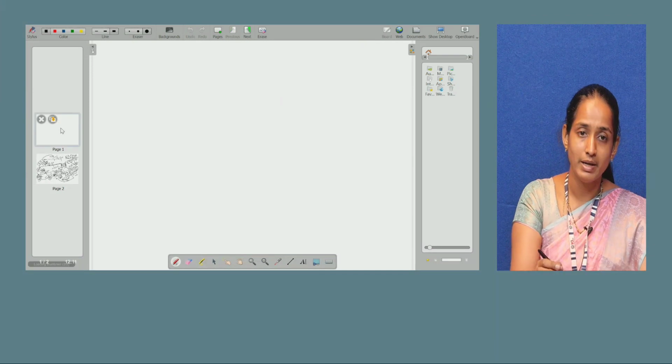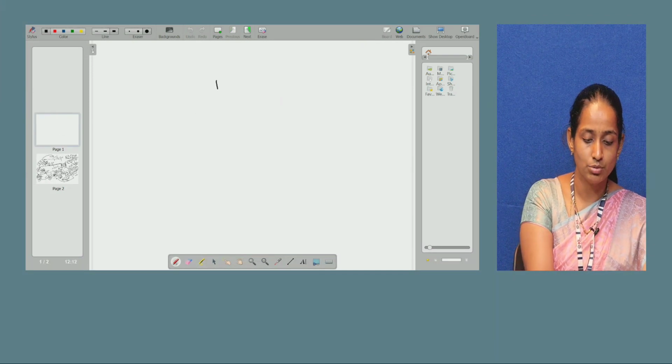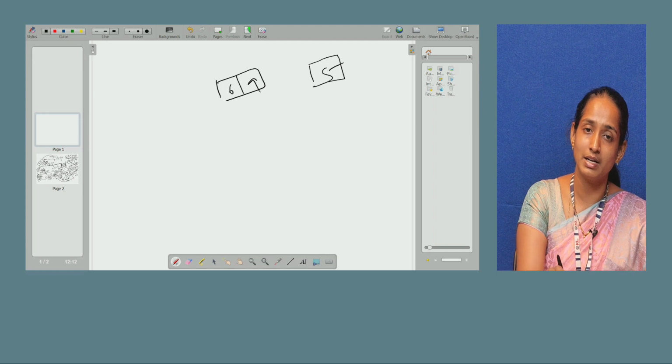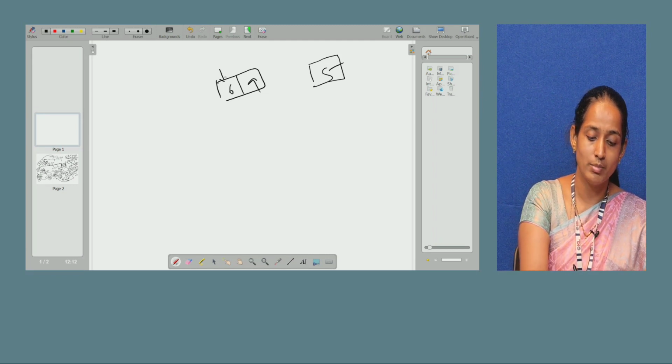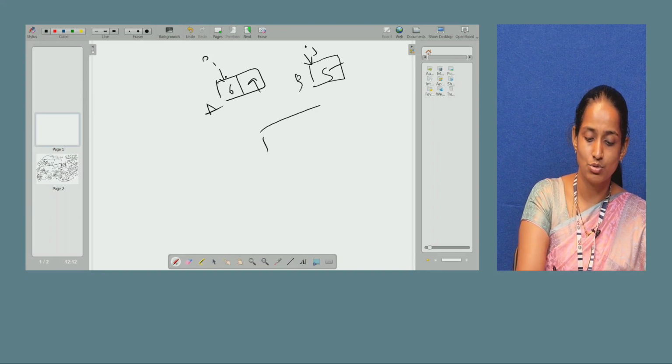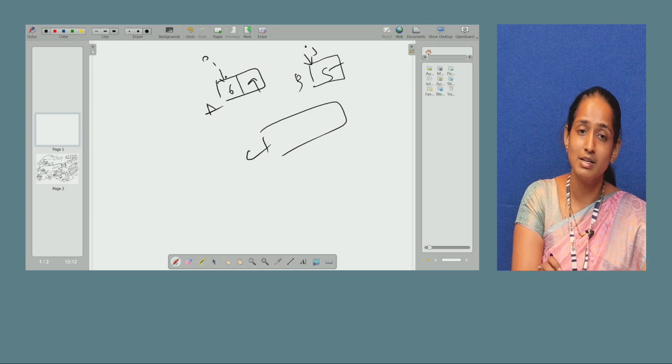So I have two arrays, one is 6 comma 9, which is already a sorted sublist, and one more array containing the element 5. i will be pointing to the first element and j will be pointing to the first element in the B array. We have an array C to store the result, and a pointer k pointing to the starting location of array C.